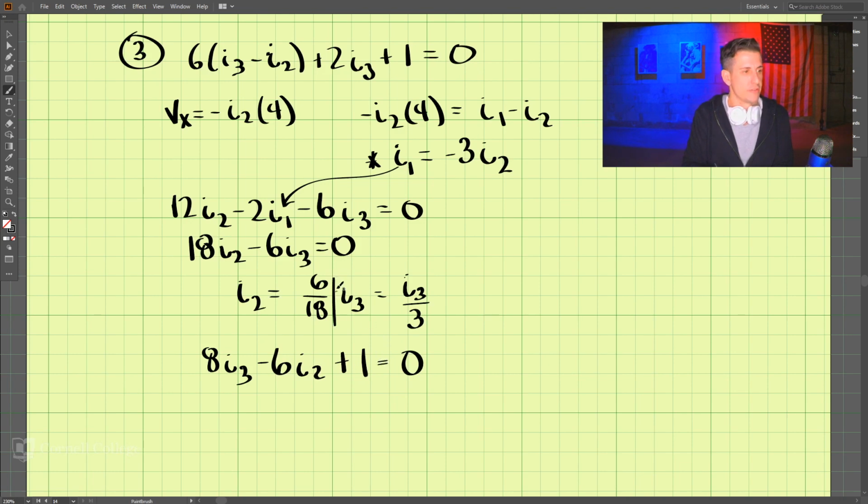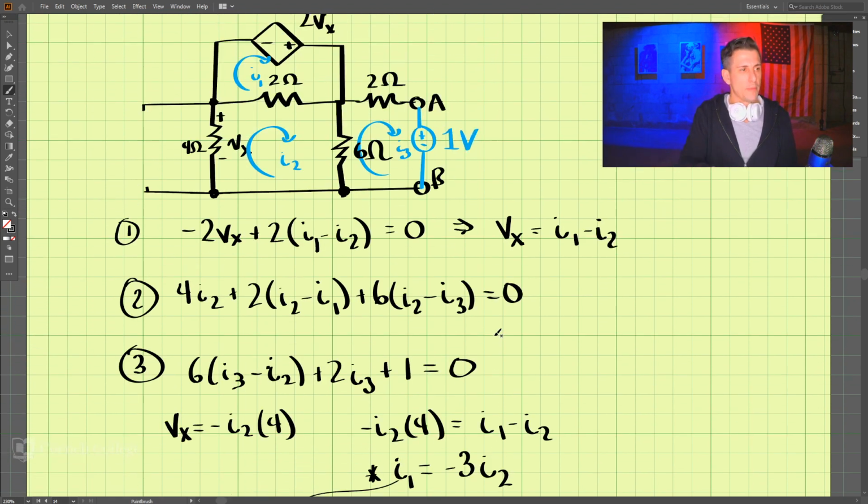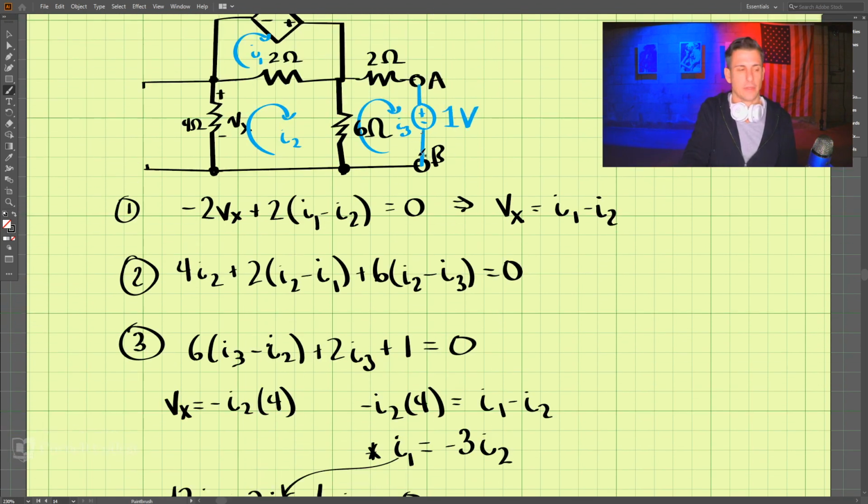And we have this result here that we can use, and we'll put that in here. So we have 8I3 minus 2I3 plus 1 equals 0. And that comes out to be I3 equals 1/6 amp.